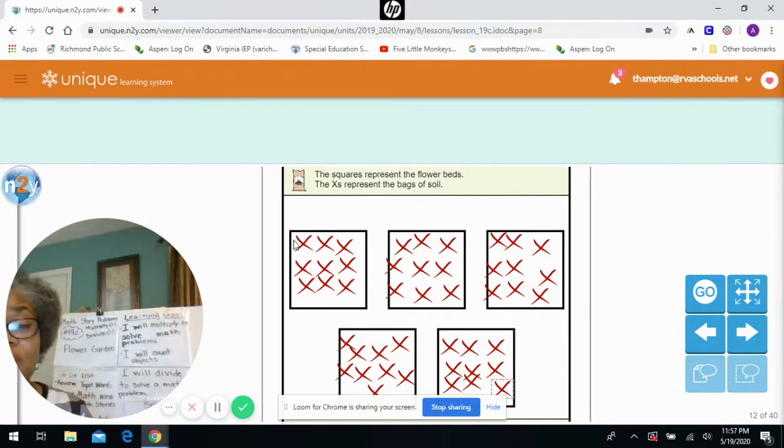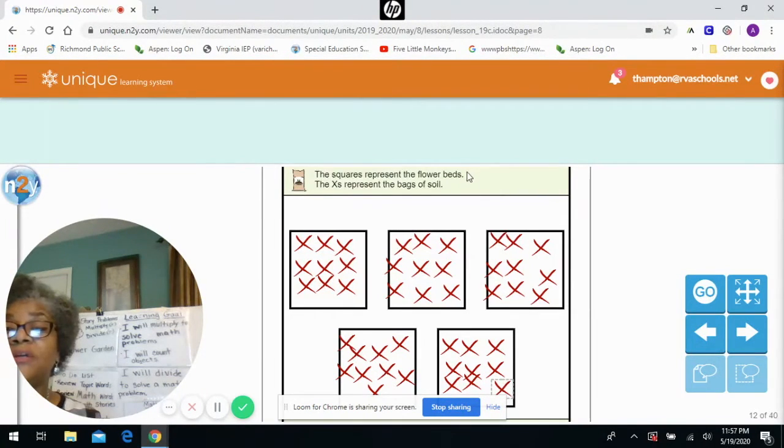All right. So let's count all together to find out how many bags of soil we had. 1, 2, 3, 4, 5, 6, 7, 8, 9, 10, 11, 12, 13, 14, 15, 16, 17, 18, 19, 20, 21, 22, 23, 24, 25, 26, 27, 28, 29, 30, 31, 32, 33, 34, 35, 36, 37, 38, 39, 40, 41, 42, 43, 44, and what? 45.